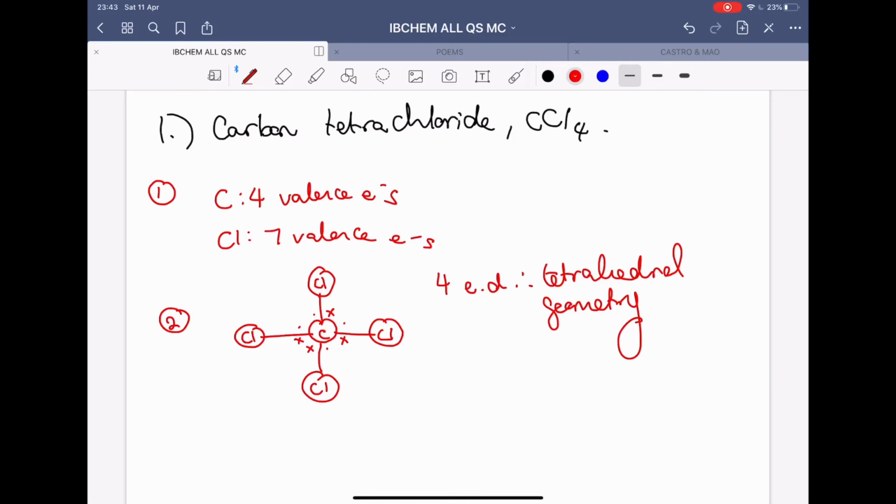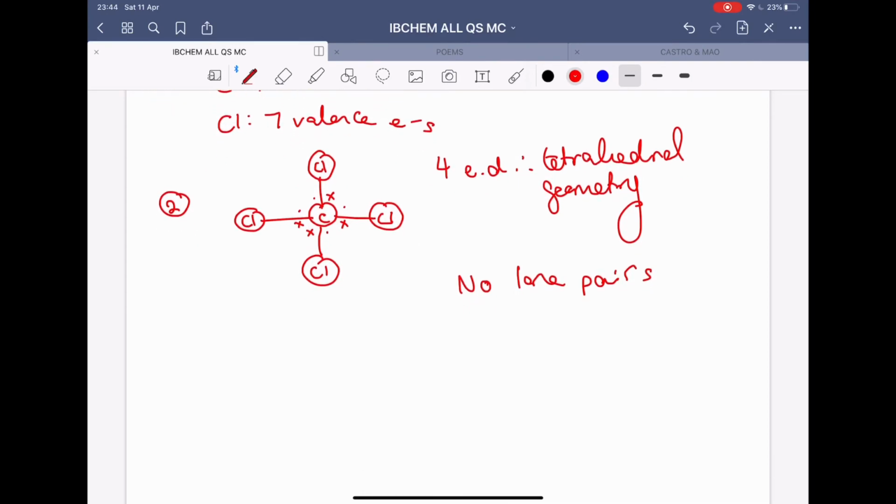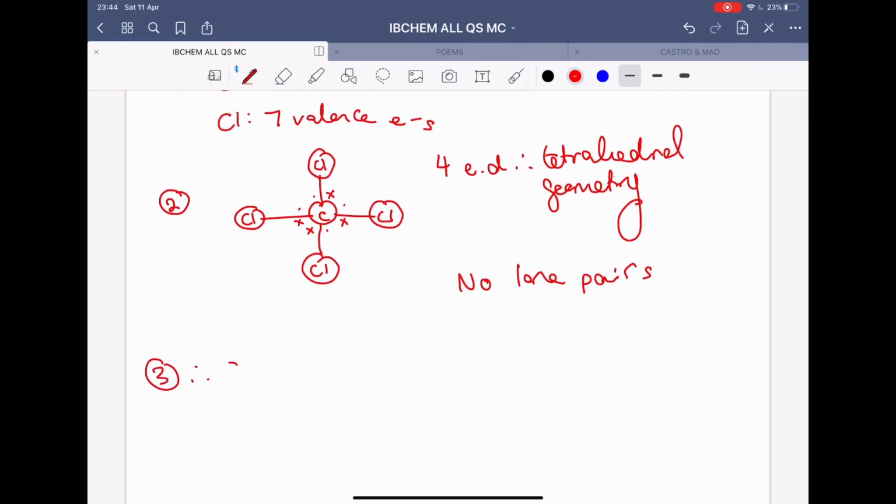So the geometry is tetrahedral because of the 4 electron domains. We can also see that there are no lone pairs of electrons, so the shape has to be tetrahedral too. And I'm writing down again, the shape is tetrahedral.